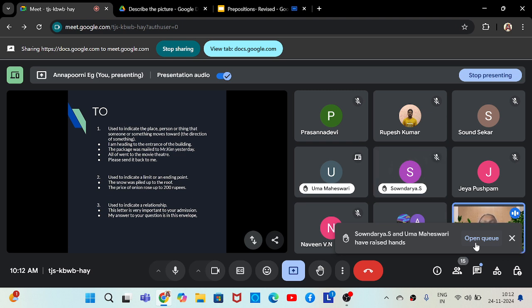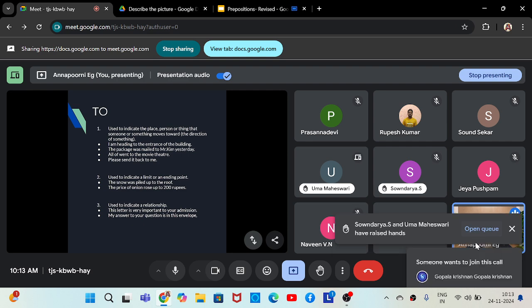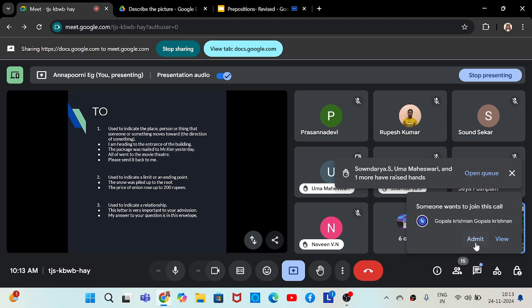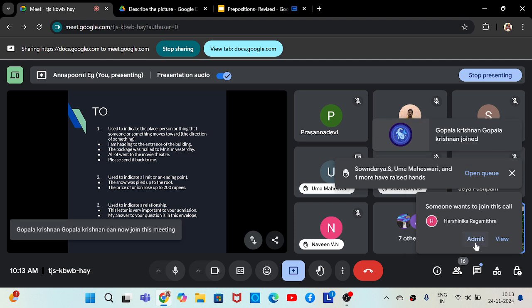Risen. Rise, rose, and risen. For example, the sun rises in the east. The sun rose today at 6 a.m. The sun has risen at 6:30 a.m. yesterday. So this is how you form sentences.